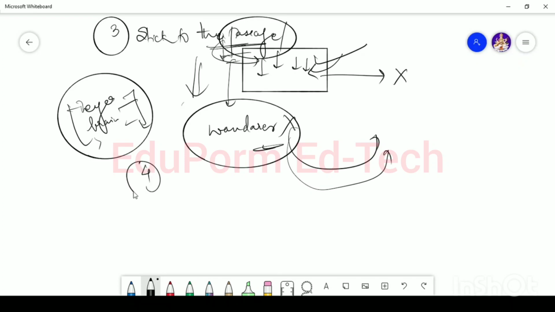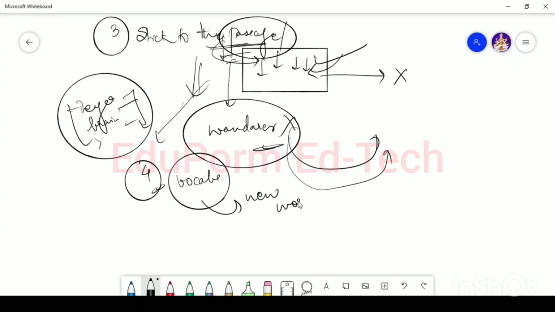Now, the fourth point is, reading comprehension has one such advantage, and that is that it helps you to grow your vocab. Okay? You learn various words. Now, most of the questions ask you for the opposite of a particular word, or they ask you to choose an option which is similar to that word.